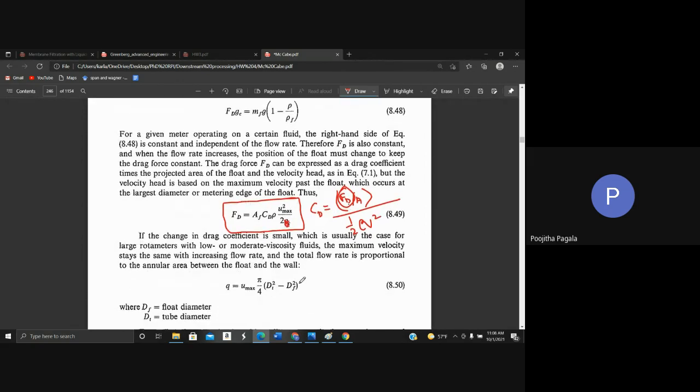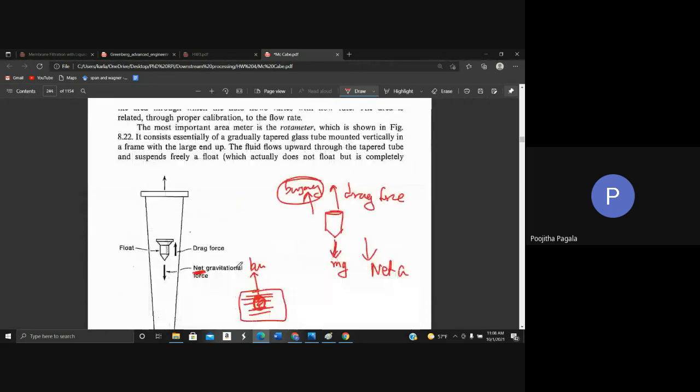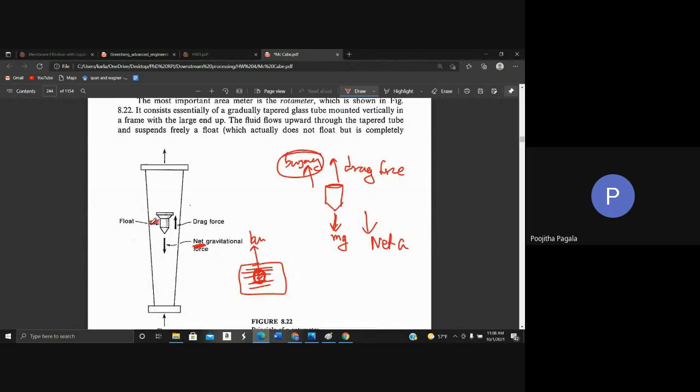And next, flow rate. ఇప్పుడు total flow rate ఎలా కనుక్కుంటాం? Total flow rate is proportional to ఈ annular area. So flow rate is A into V. బట్ ఇక్కడ ఏరియా అంటే ఏంటి? ఎంటైర్ క్రాస్ సెక్షనల్ ఏరియా కాదు. Area is only the annular area. So let us say ఈ entire diameter is Di, and up to here it is D0.